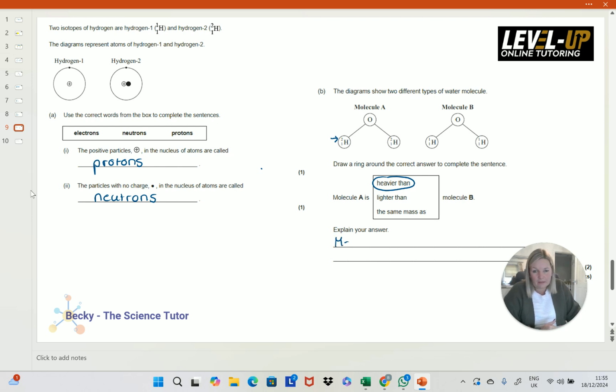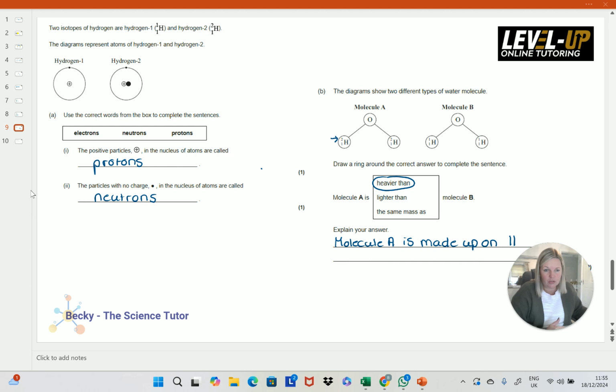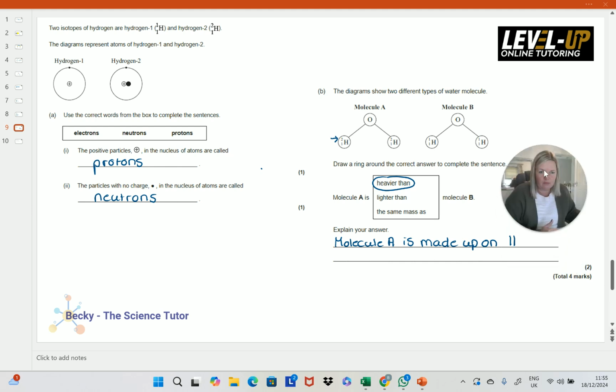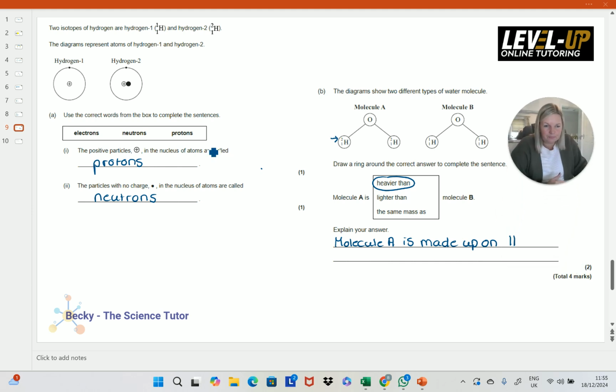So we can say that molecule A is made up of, and you can word this in a number of different ways. You might identify that it's made up of hydrogen 2, which has an extra neutron.